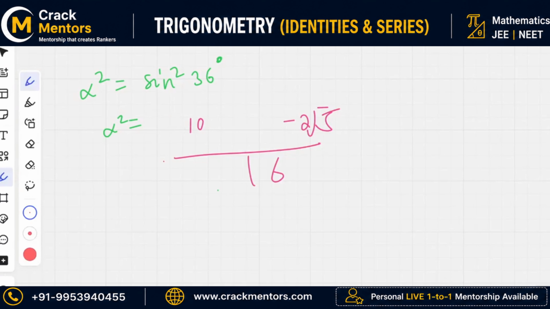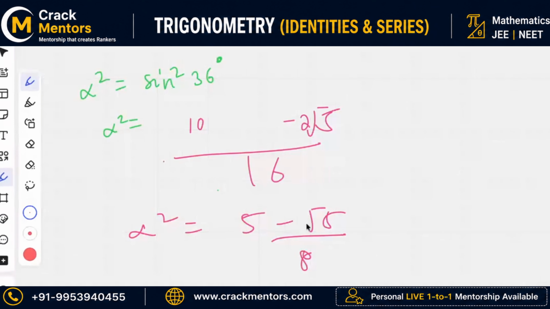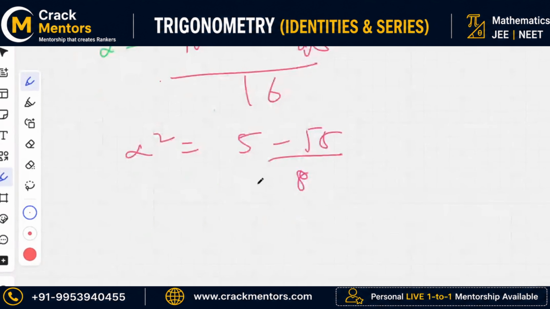So that means alpha square is 5 minus root 5 by 8. Right? So 8 alpha square is 5 minus root 5.